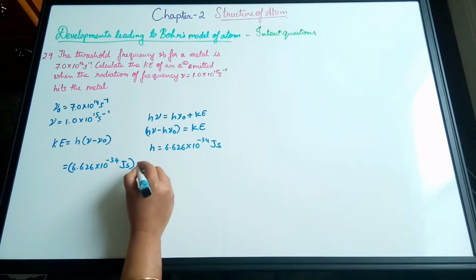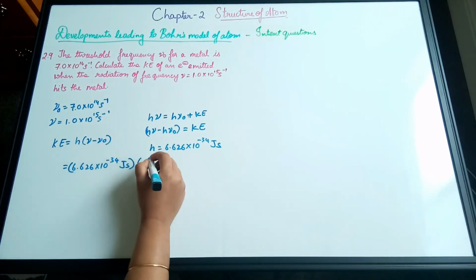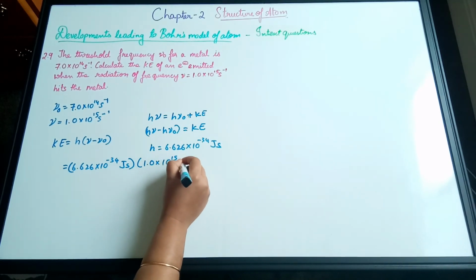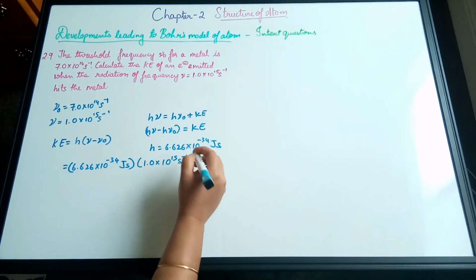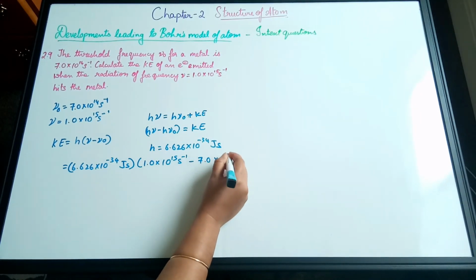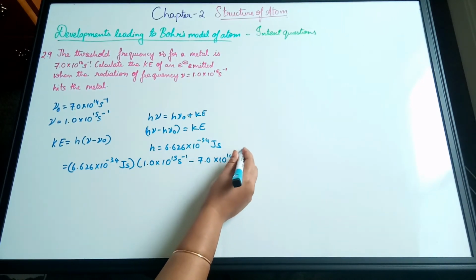into the frequency, that is 1.0 into 10 to the power 15 second inverse minus 7.0 into 10 to the power 14 second inverse.